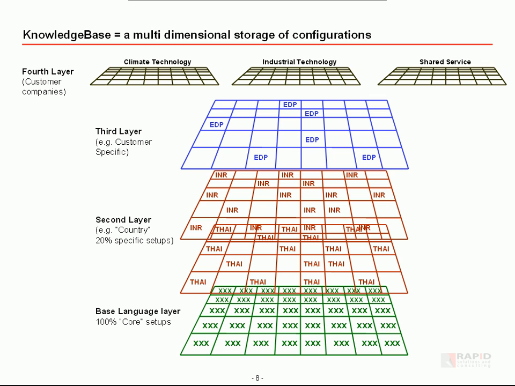At the heart of the tool is the knowledge base, and that knowledge base captures and contains all of the configurations that are going to be used. There are many different types of configurations in the tool depending on what you're going to do, whether you want to create a new instance or a new operating unit or a new inventory org.